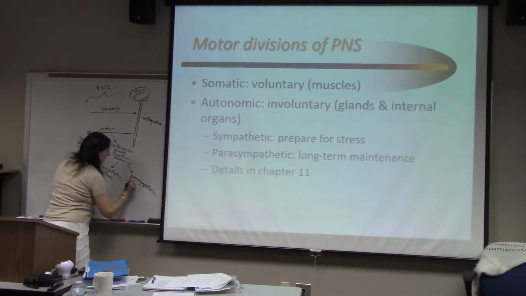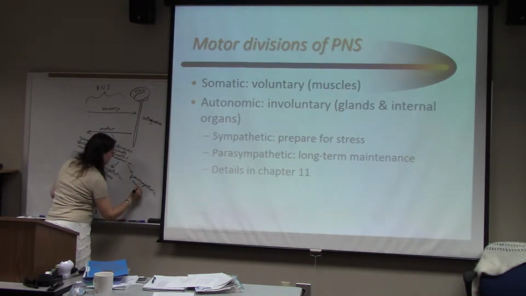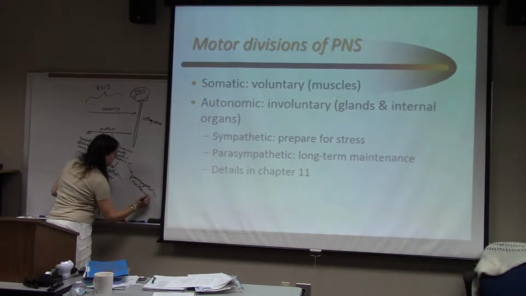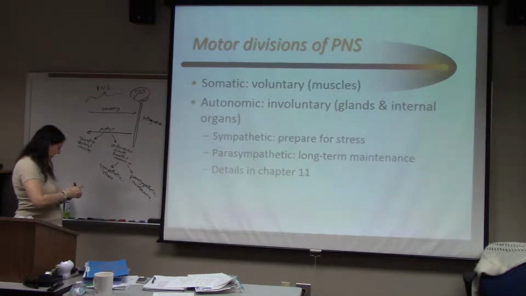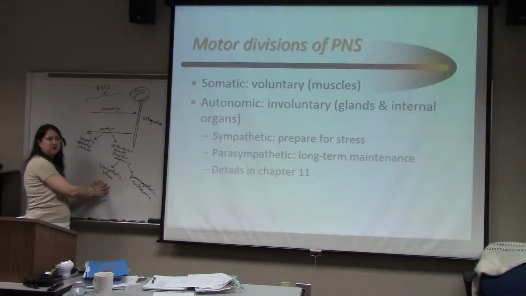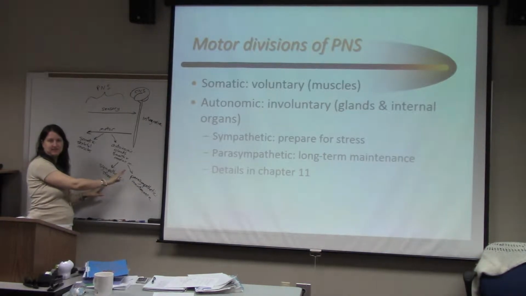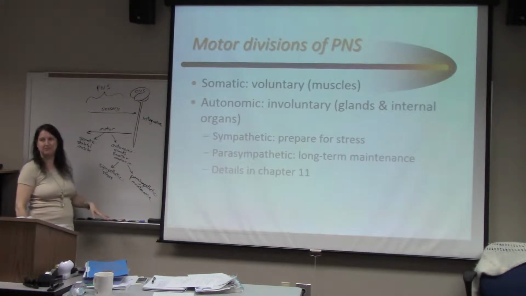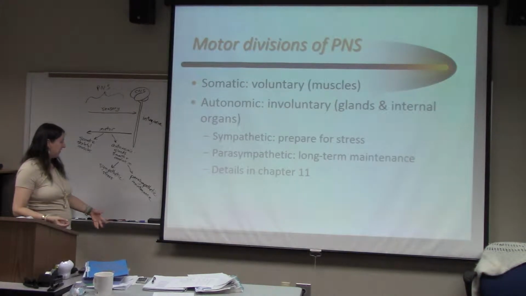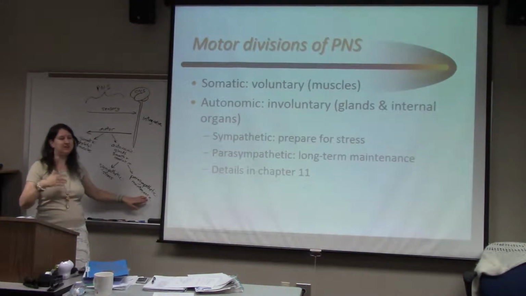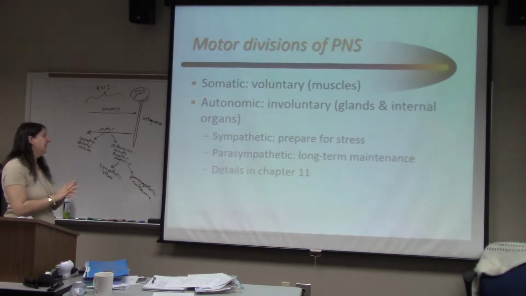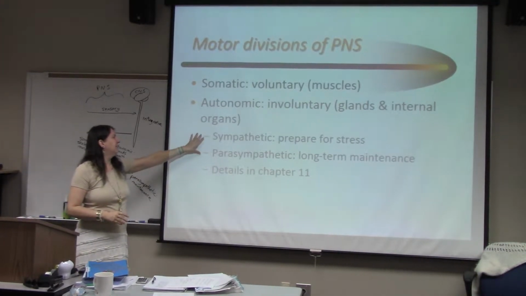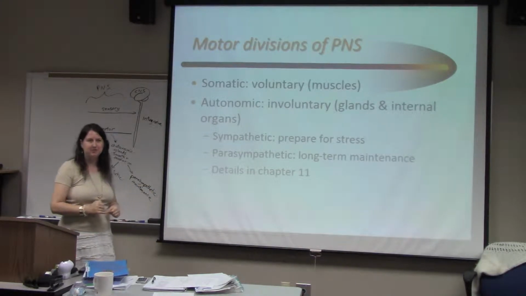Parasympathetic is for long-term maintenance activities. When you've got something more immediate going on, you can just let those things sit and come back to them later. And then when you're able to relax, you can put the effort into, say, digestion. We'll talk more about the autonomic nervous system in Chapter 11.